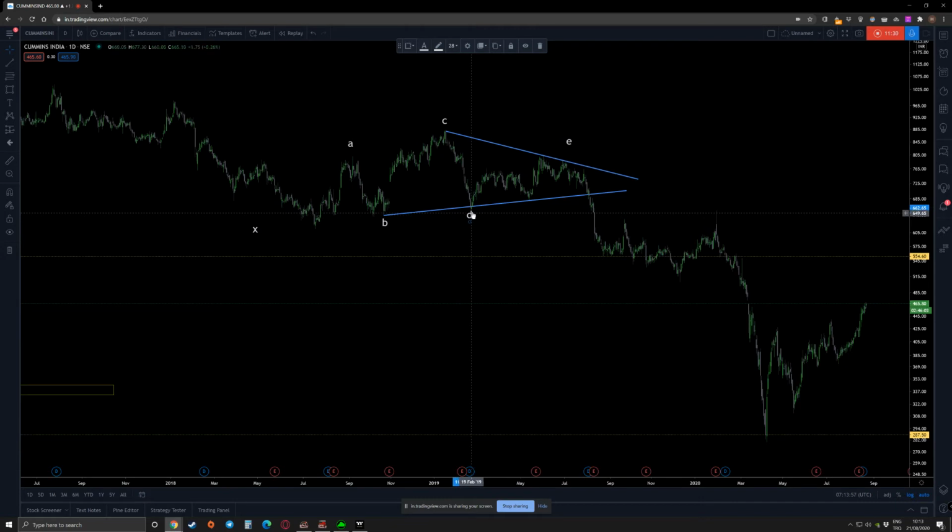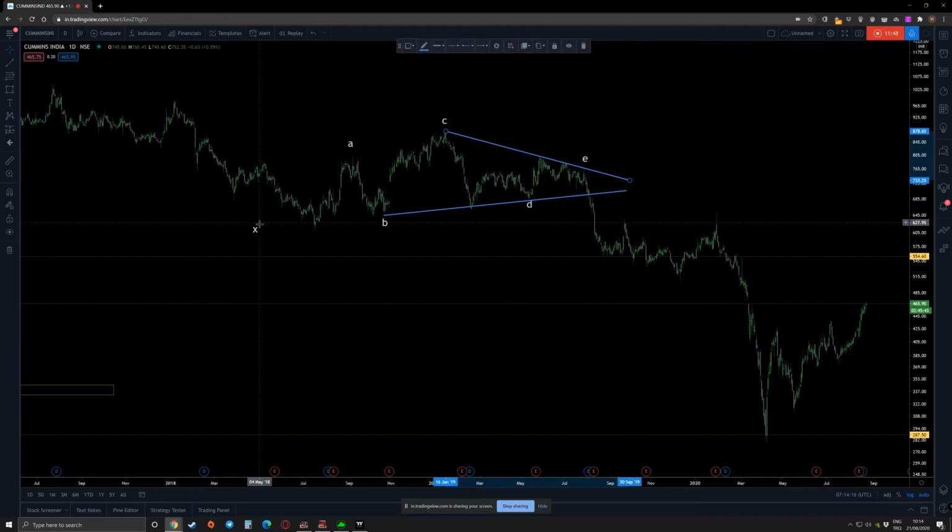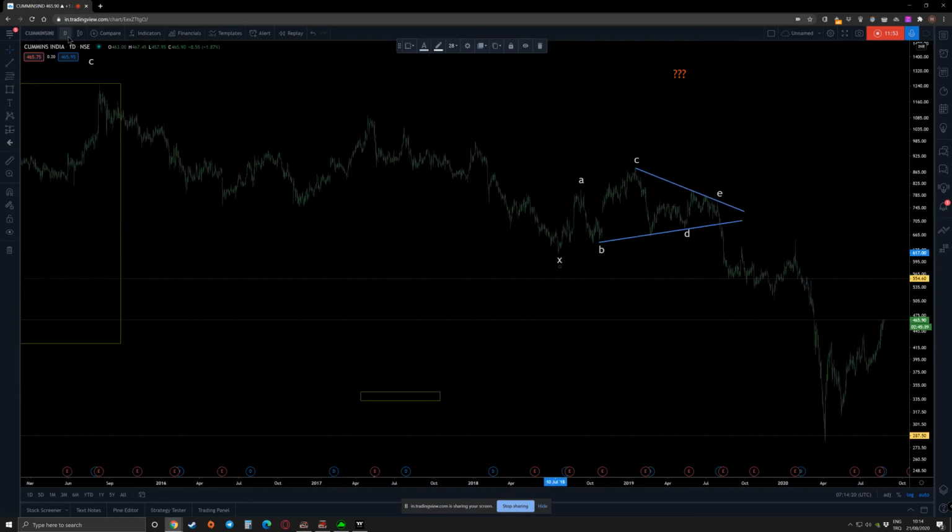Because any part of the E wave cannot pierce the B to D trend line, but part of the D wave can. That's the reason. E wave, now I would put it here. C and E. Part of the E wave can also pierce this, no problem. So if this is the case, let's go back to our weekly chart.